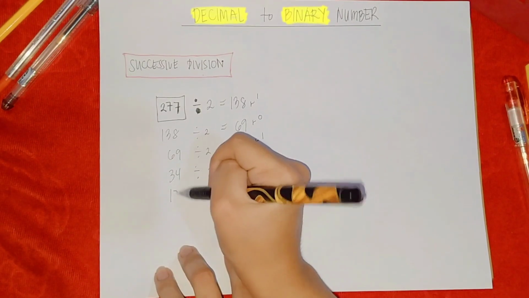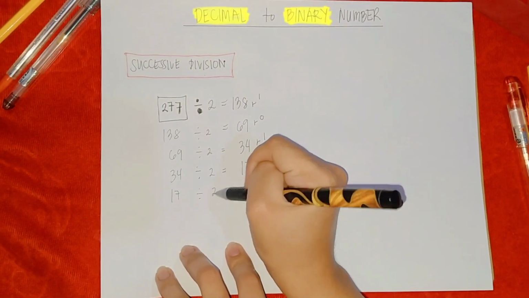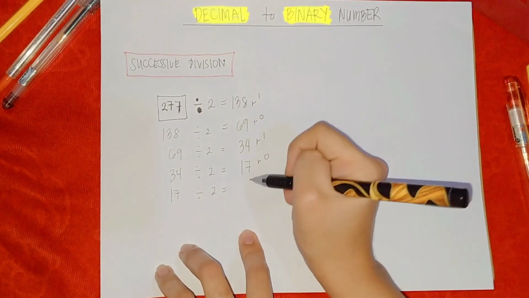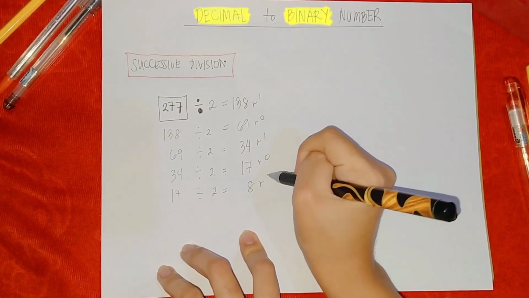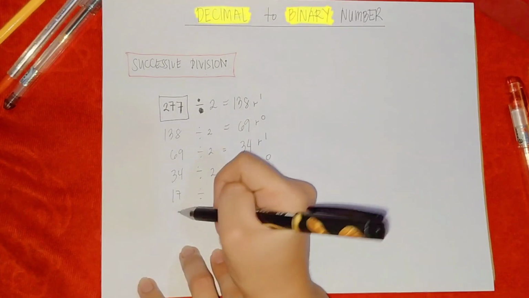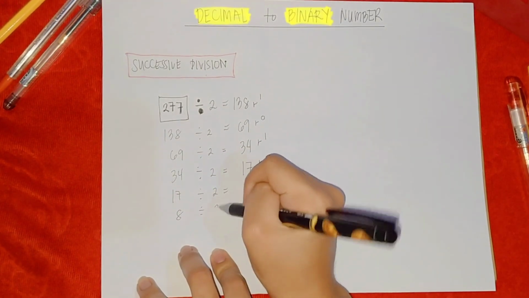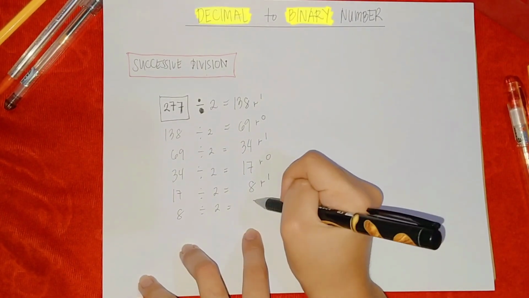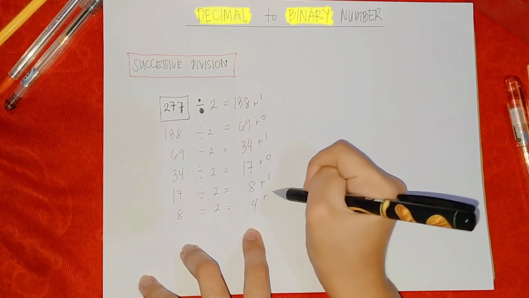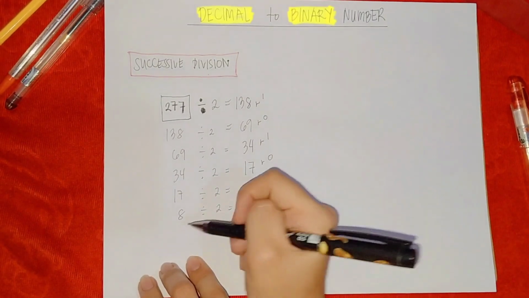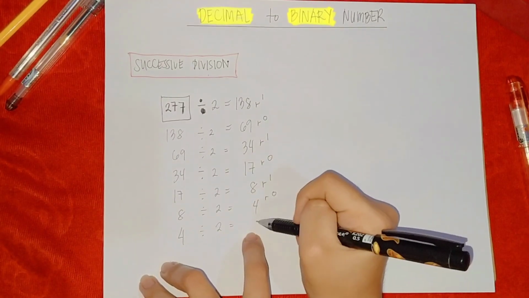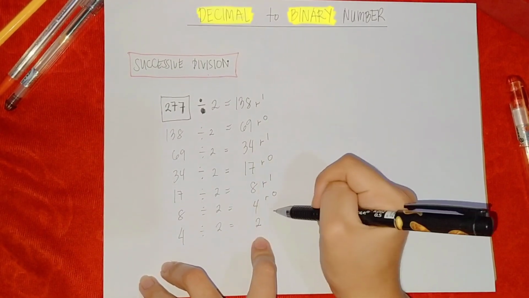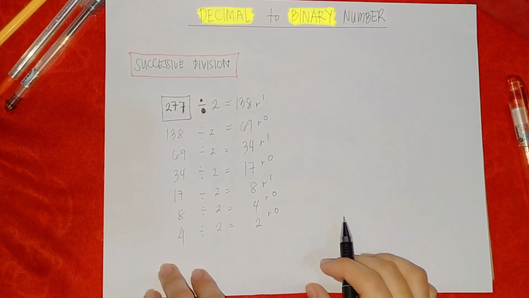17 divided by 2 is equal to 8.5. So 8, remainder 1. 8 divided by 2 is equal to 4, remainder 0. 4 divided by 2 is equal to 2, remainder 0.